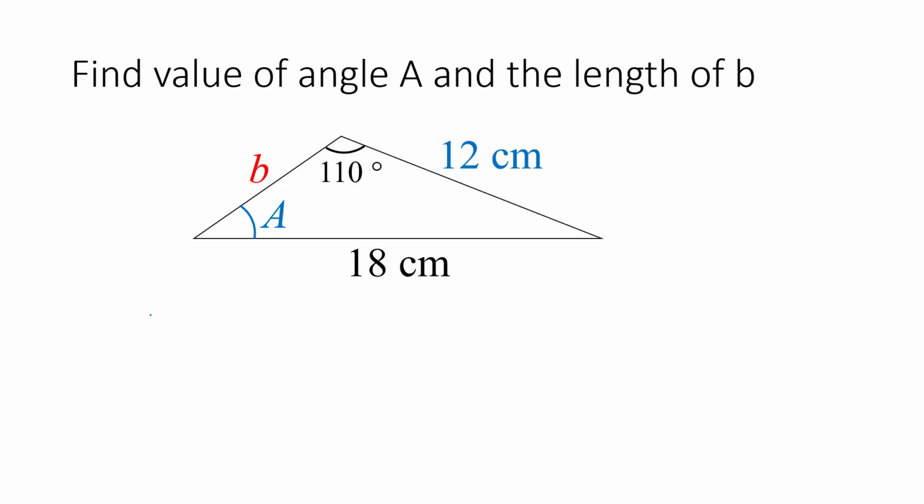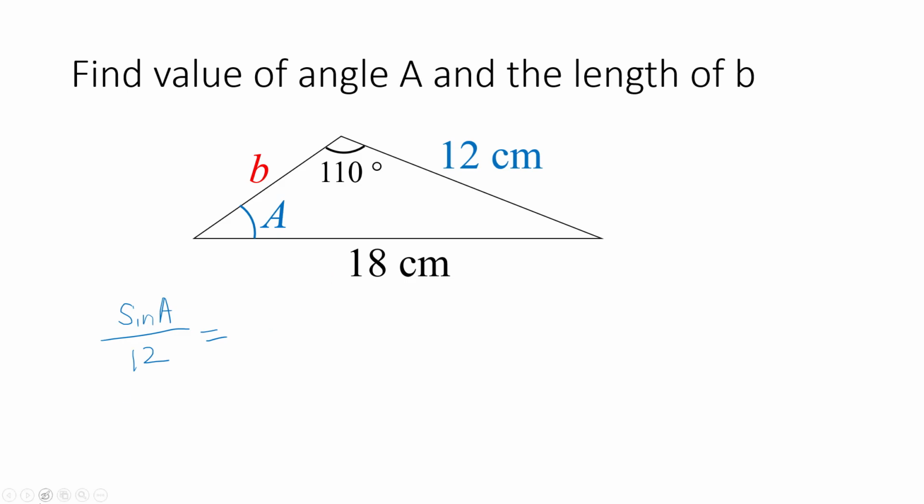Since I have angle A down here, we will have to put sine A over the opposite side, which is 12, is equal to, okay, what is the pair which we have, the angle as well as the opposite side?